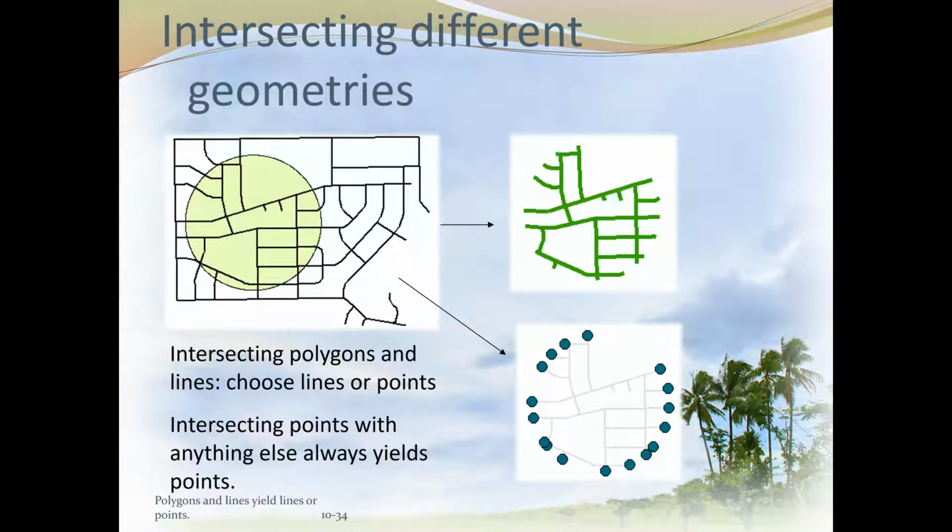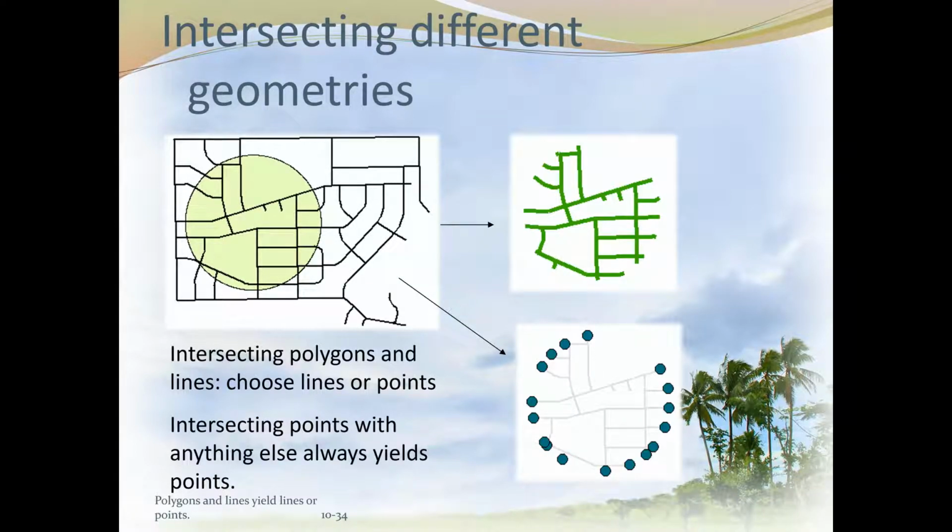If the inputs are polygons and lines, the output may be points or lines. If the circle represents the area around a school where sex offenders are forbidden to live, the line outputs could provide a list of the streets and address ranges that are off limits.